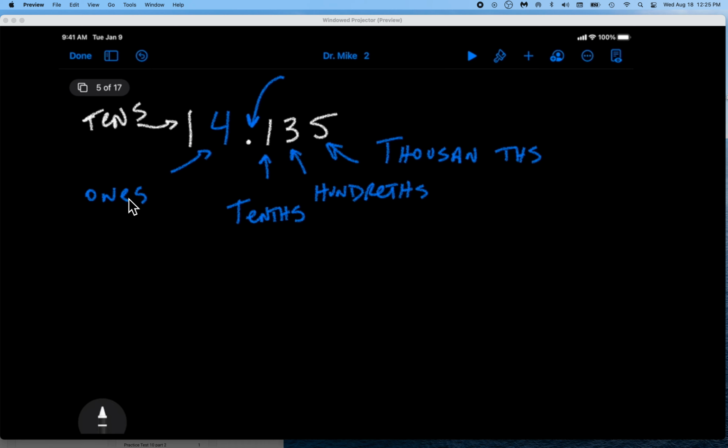I'm going to write some numbers down, and I'd like you to tell me about place value. If I wrote down 653.108, this 1 would be in the hundredths position. Decimal point, tenths, hundredths, thousandths.